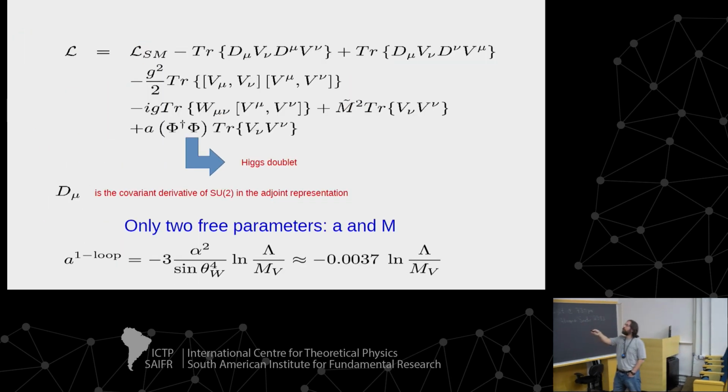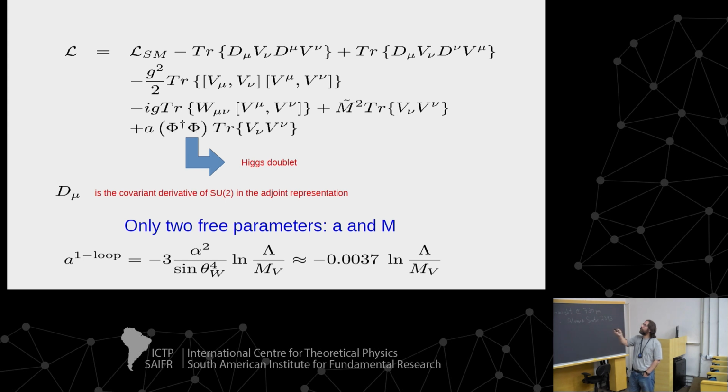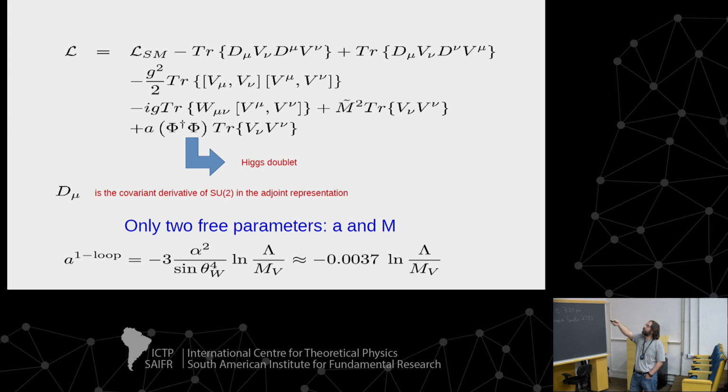So this is the result. Here you have the Lagrangian of the standard model, and this is the Lagrangian for the vector. Now, because the standard model includes a scalar, the Higgs doublet, I have to add this term, which was absent in my original construction.